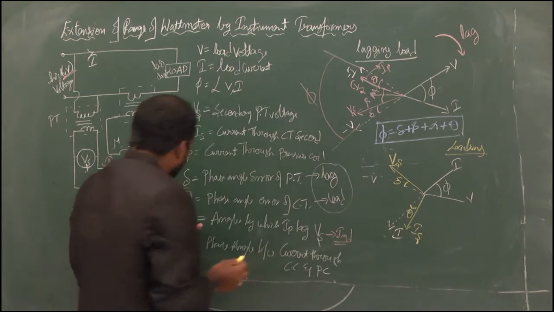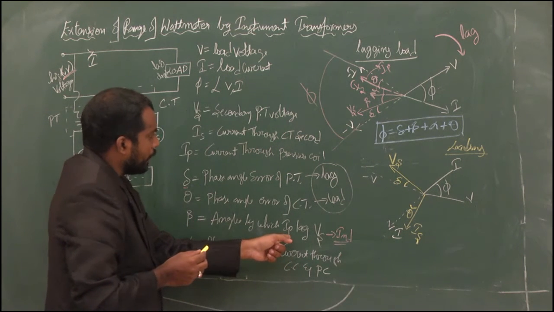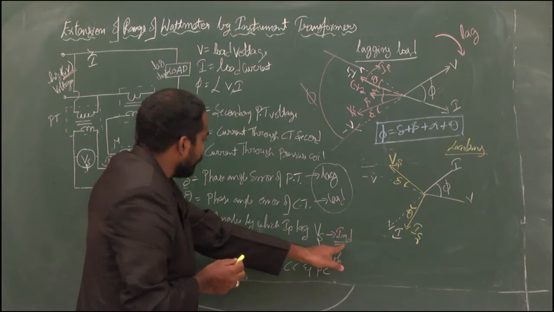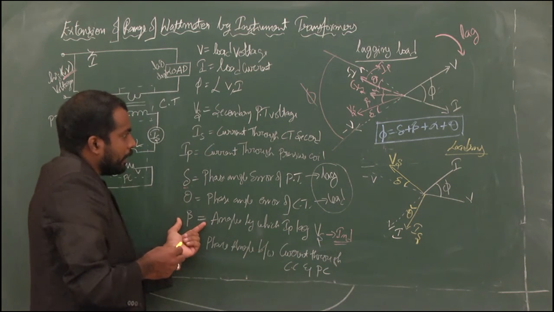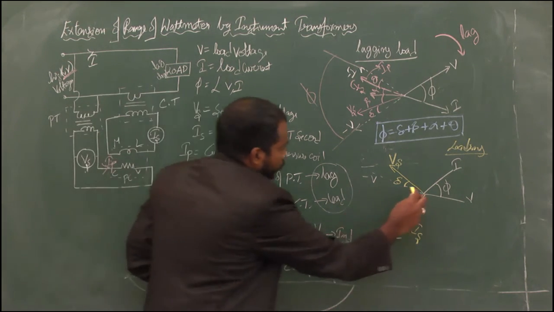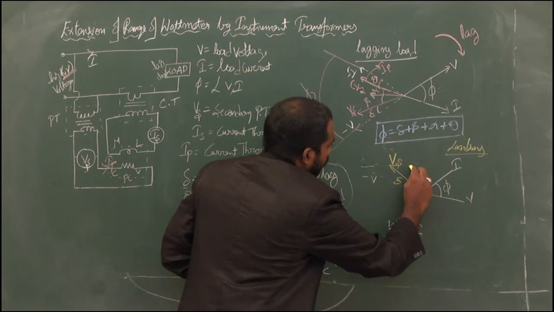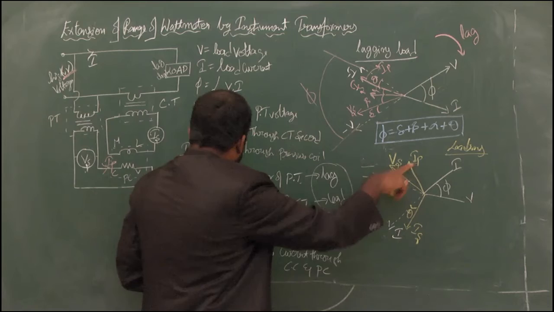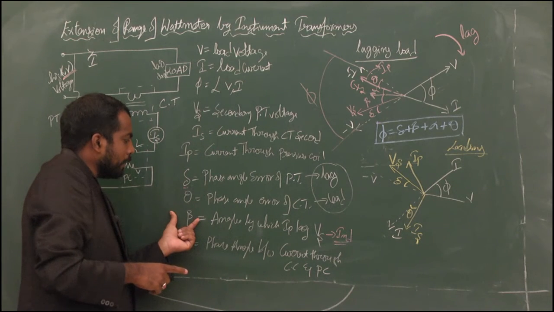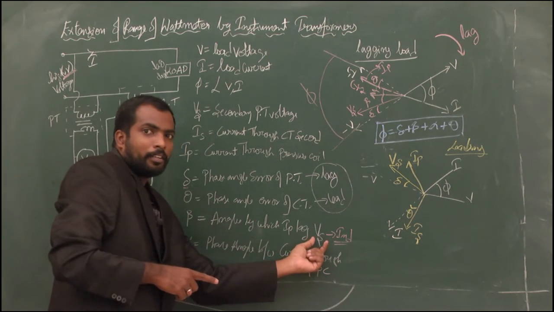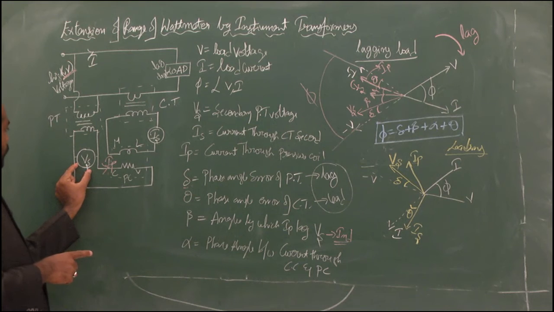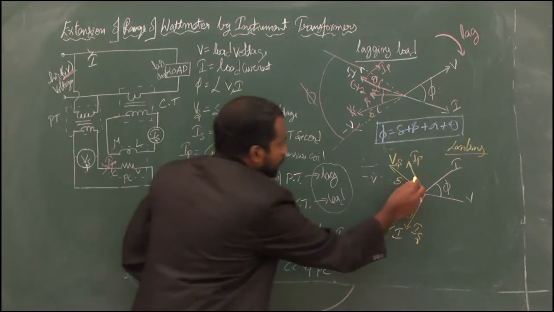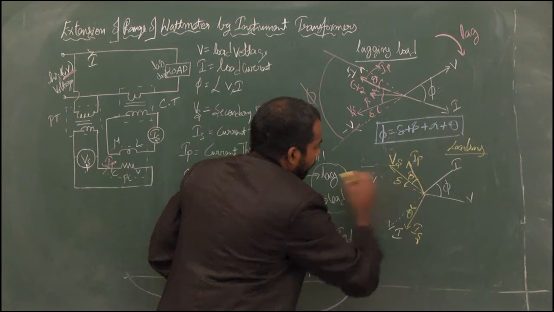The current through the pressure coil, Ip, will lag the voltage across the secondary of PT by an angle of beta. So this is nothing but beta, right?